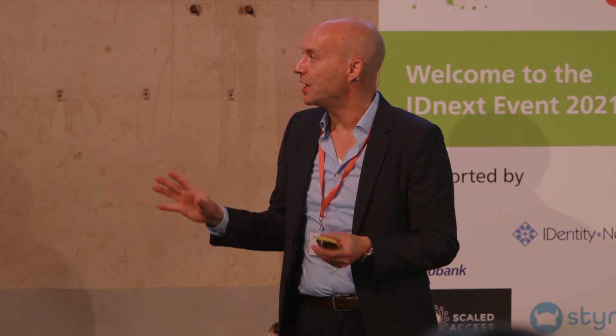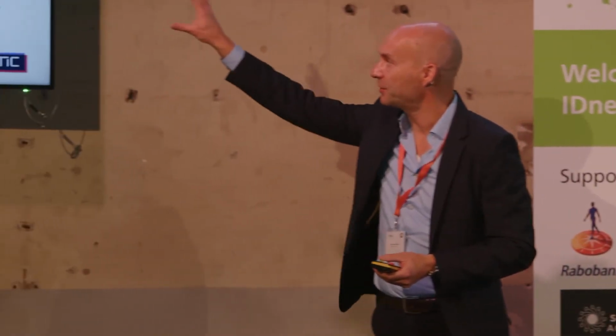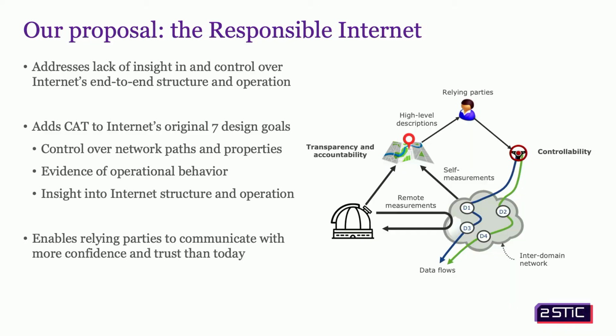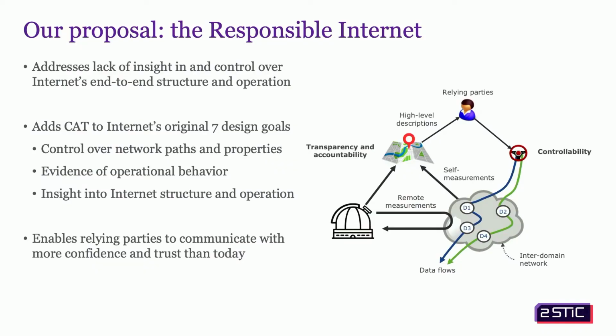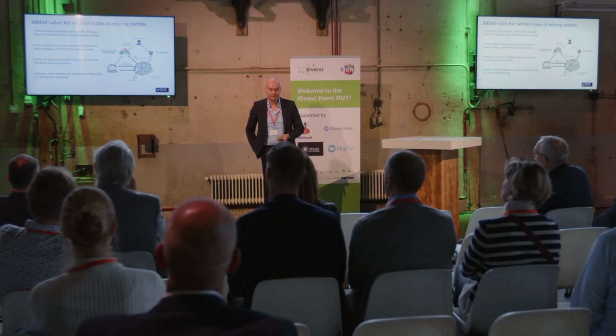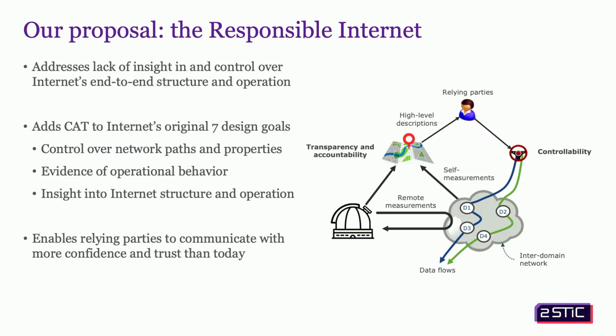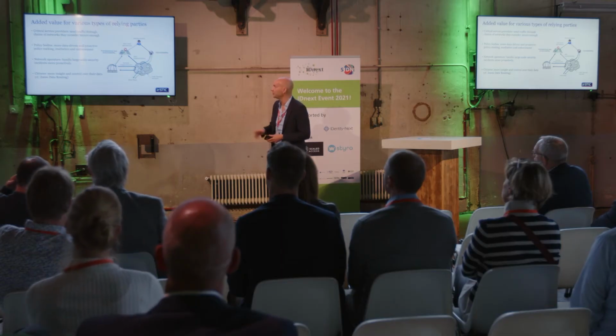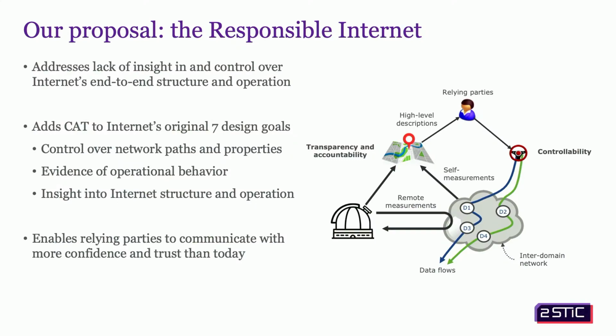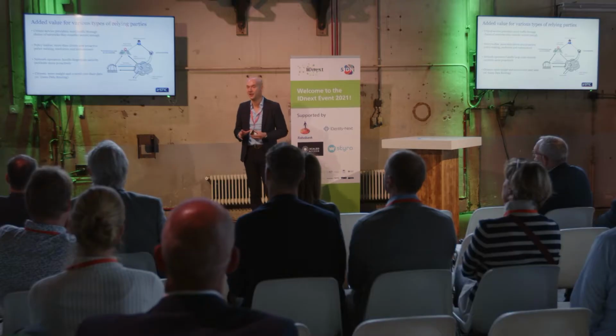So that's the main concept, and we think that having that information at the top and having that controllability gives relying parties more confidence and trust in using the internet infrastructure, which we think is important for these new types of applications. So here's a few examples on the added value that we foresee for different types of players. So for example, for these critical service providers, let's take a smart energy grid as an example.